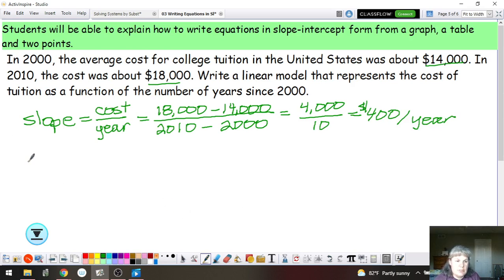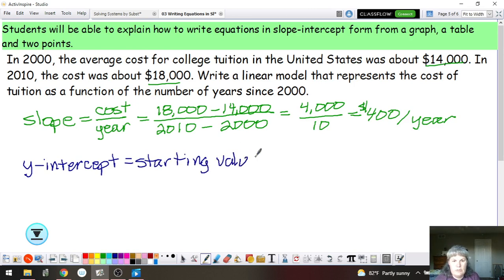The y-intercept is going to be the starting value. What was the cost of tuition to start with? In this scenario, we were starting with 14,000.